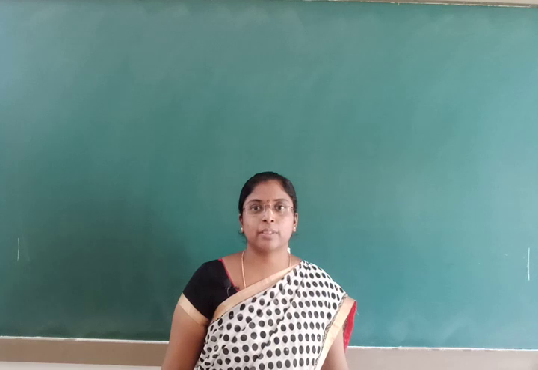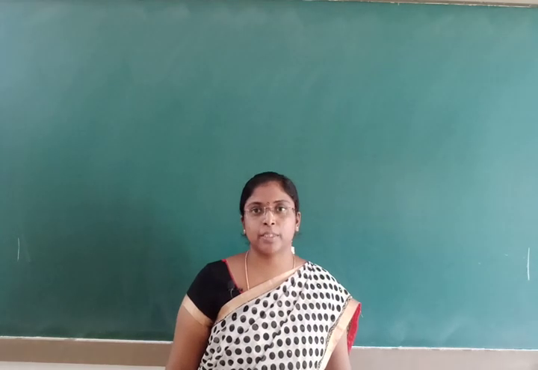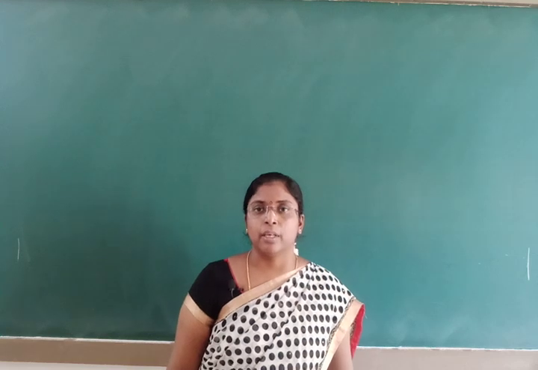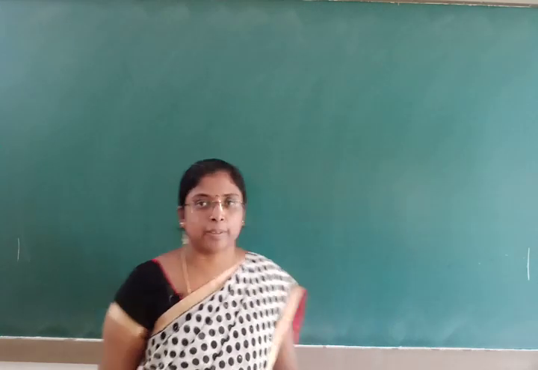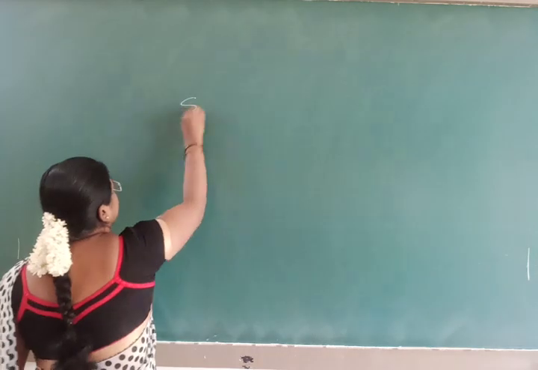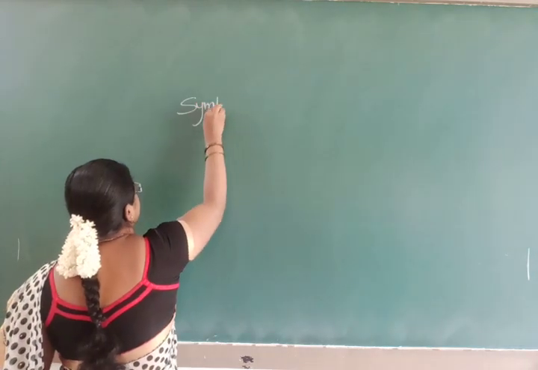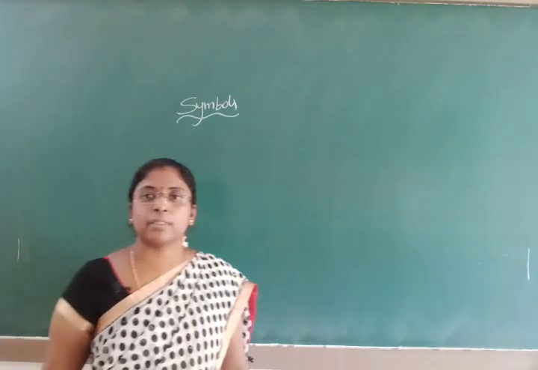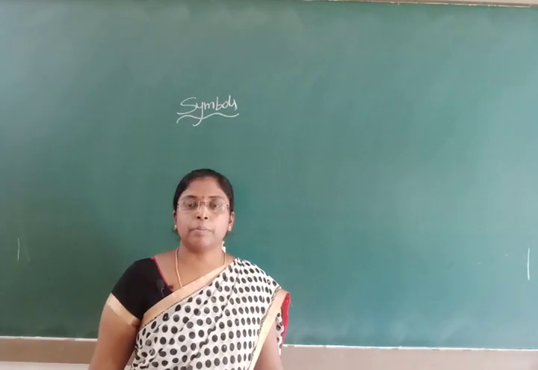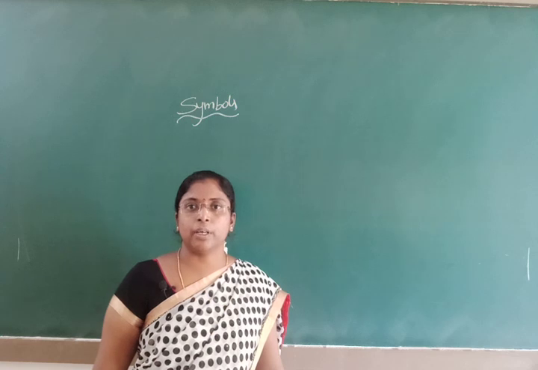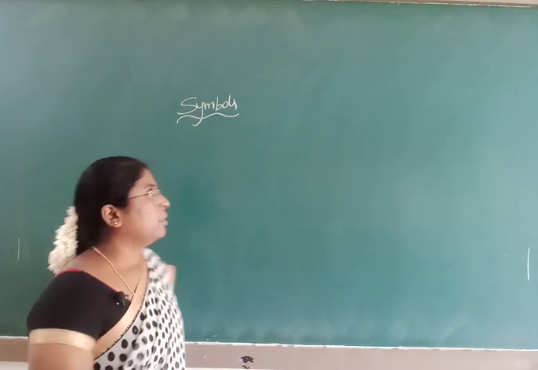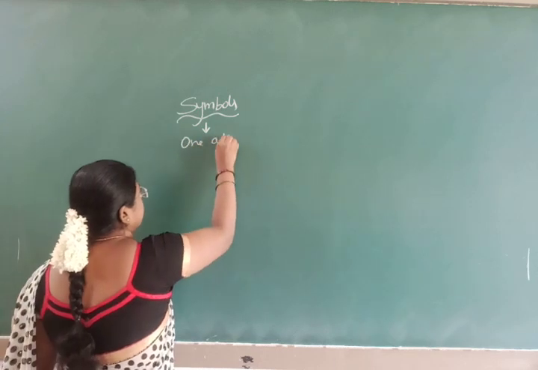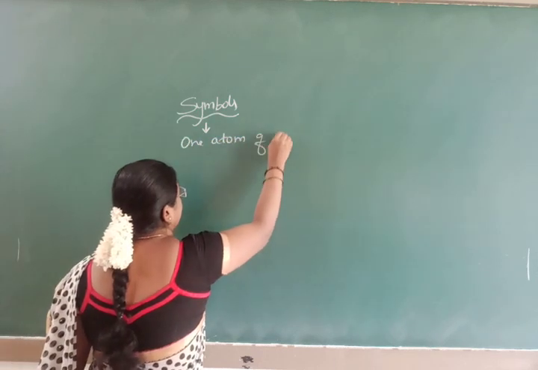Today I am going to discuss some of the basic principles and basic techniques we use in chemistry regarding symbols. What does a symbol represent? A symbol represents one atom of an element.